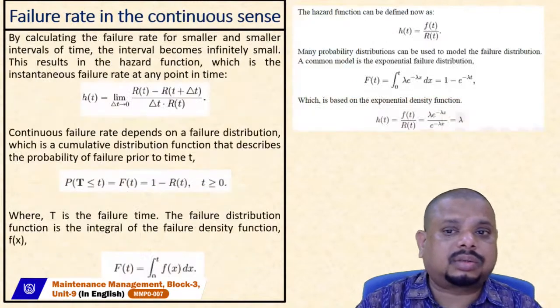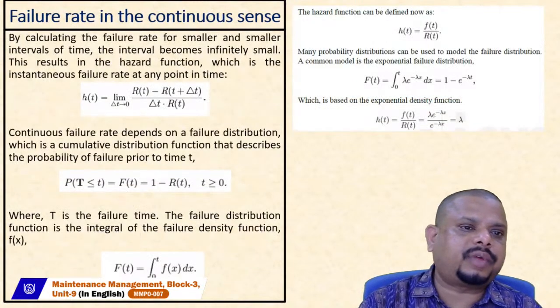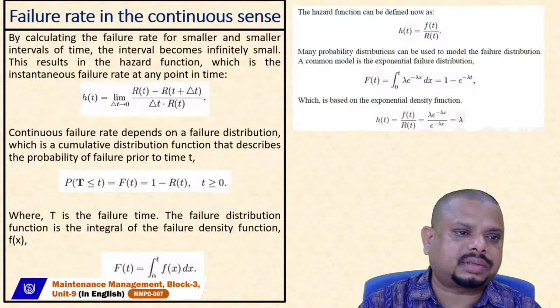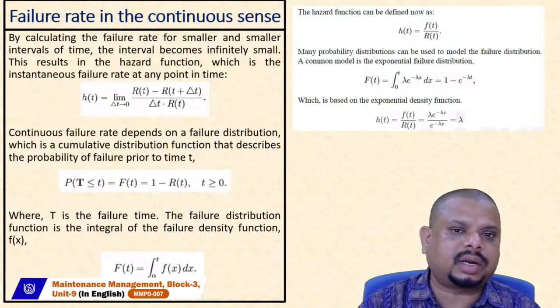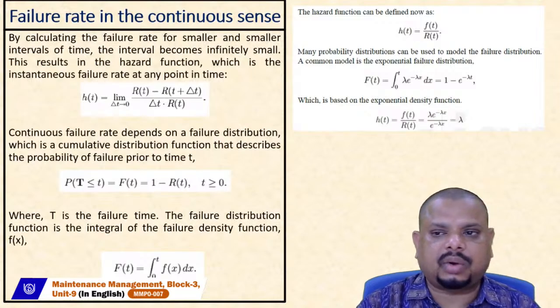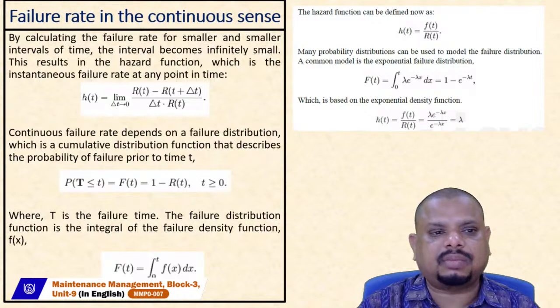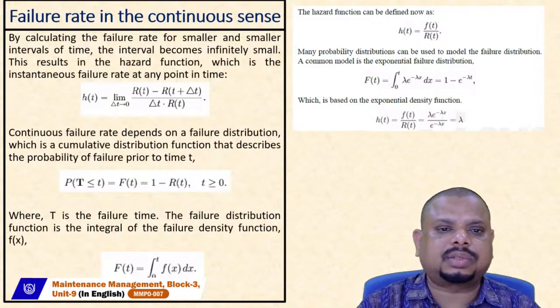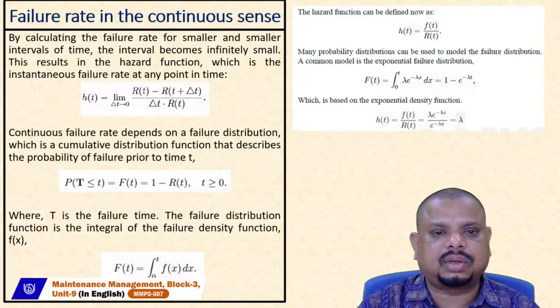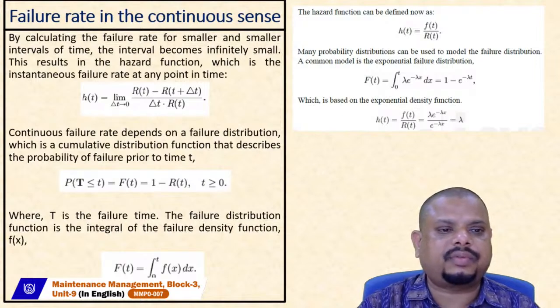Moving to the next one, we have to understand the failure rate in case of continuous cells. So let's understand the different parameters and the different mathematical expressions with reference to failure rate in continuous cells. By calculating the failure rate for smaller and smaller intervals of time, the interval becomes infinitely small and this results in the hazard function, which is the instantaneous failure rate at a point in time.